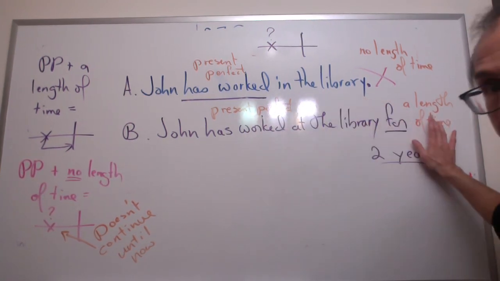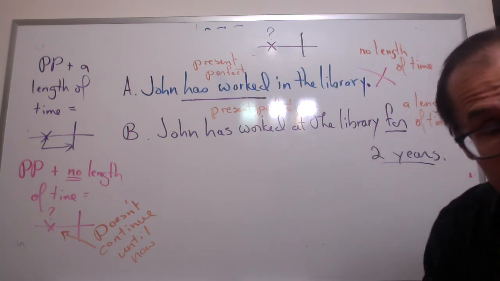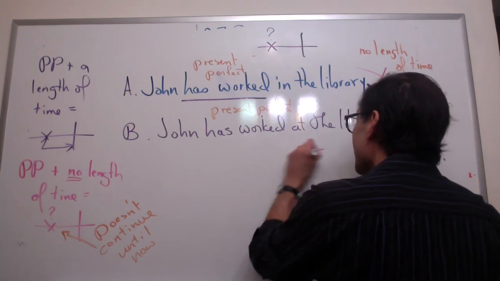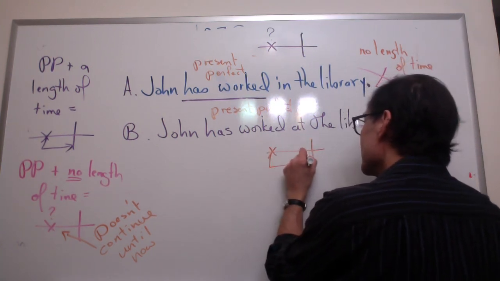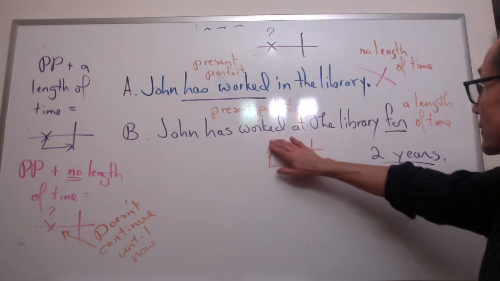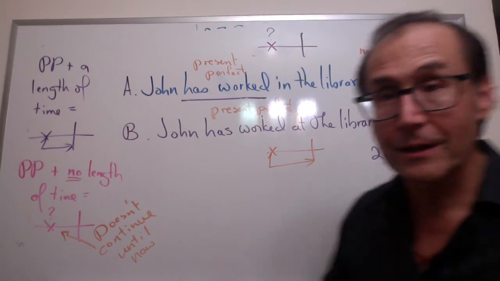Present perfect and a length of time. Because I have present perfect and a length of time, the length of time is important, it means that it started in the past and it continues until now. So this sentence, John has worked at the library for 2 years, means yes, John still works at the library.